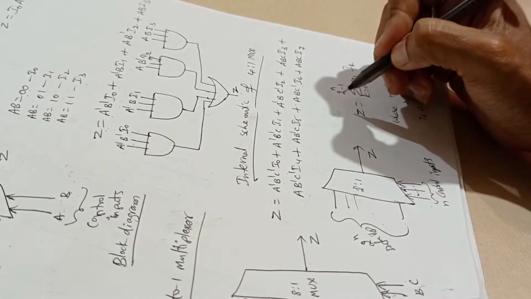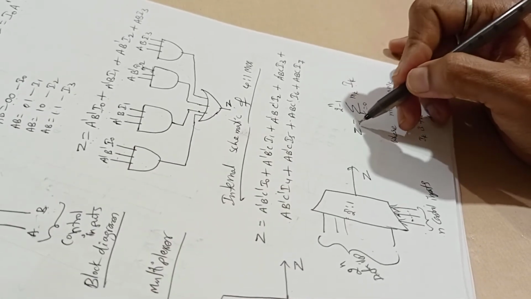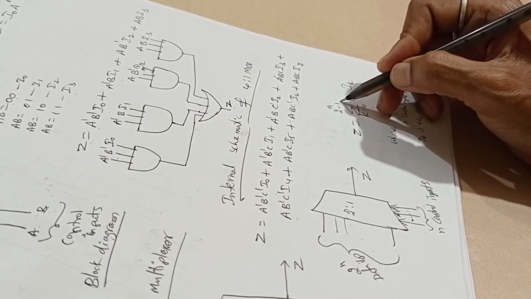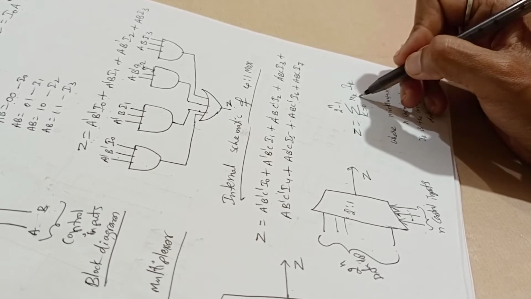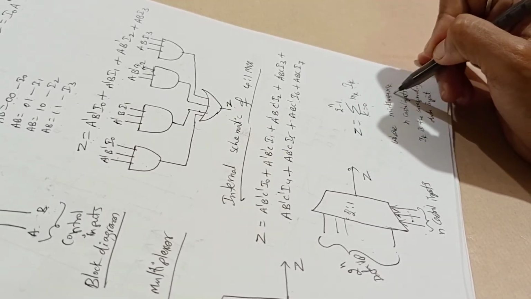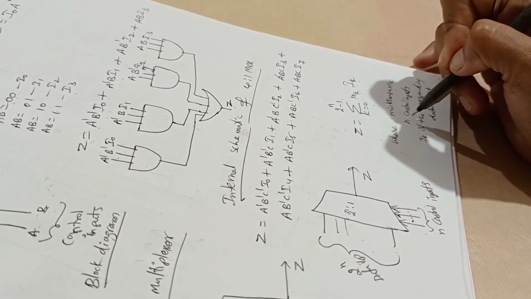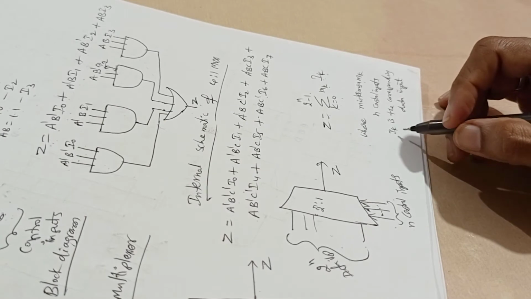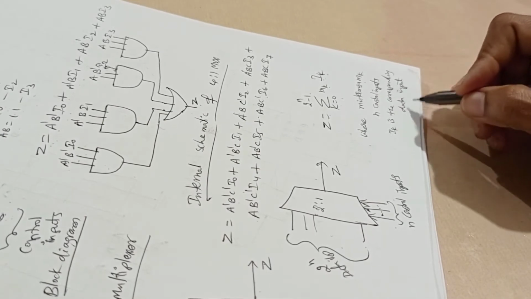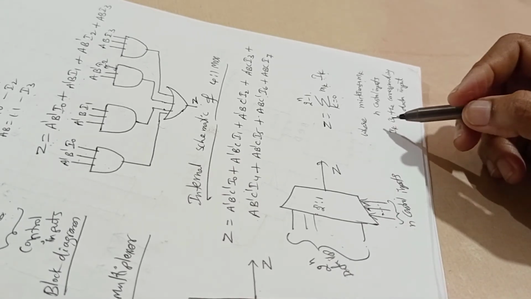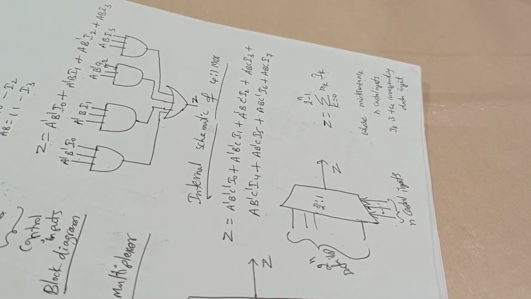The generalized expression is Z is equal to the summation of k from 0 to 2 power n minus 1, because it starts from 0, of Mk into Ik, where Mk are the min terms of the n control inputs and Ik is the corresponding data input. This is the multiplexer design.